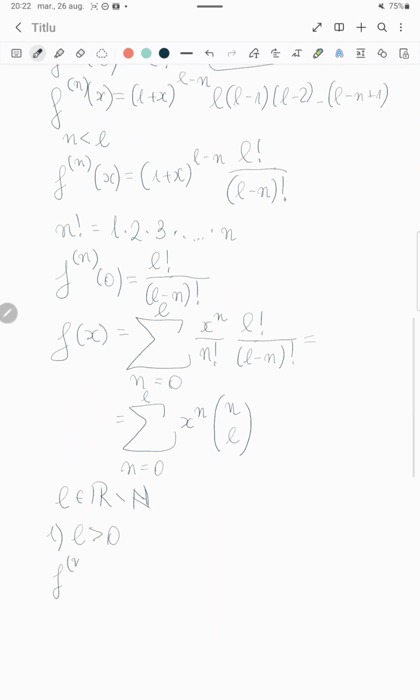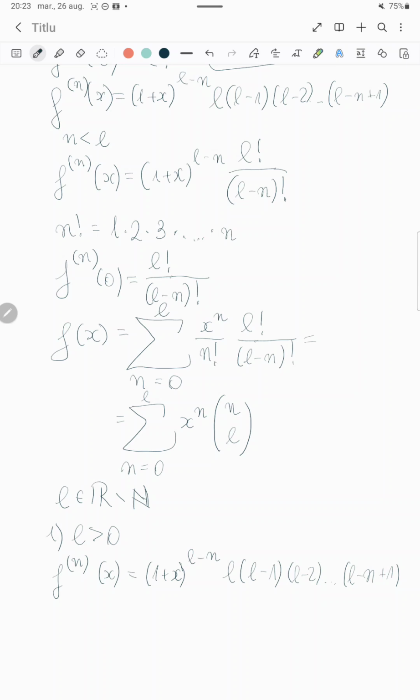Therefore, for the nth derivative of f, again, I don't care if n is bigger or smaller than L. All I can tell you is that n cannot be equal to L. Therefore, you will have (1 plus x) to the power of L minus n times L times L minus 1 times L minus 2 times ... times L minus n plus 1.